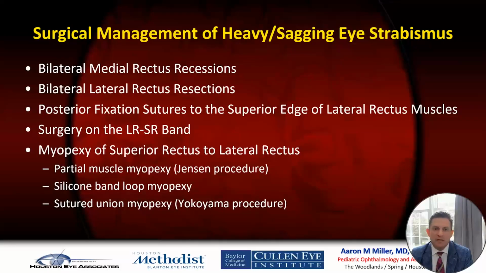They've split the superior and lateral rectus muscle in half and then myopexy, which is classically a Jensen procedure. There's then also a silicone band loop myopexy, which loops around the muscles and then ties down at a deeper aspect in the orbit. And then there's this suture union myopexy, which is the Yokoyama procedure, which is actually when I do a myopexy of the superior lateral, that's my preferred technique that I tend to use.